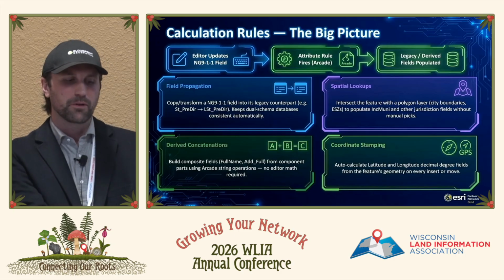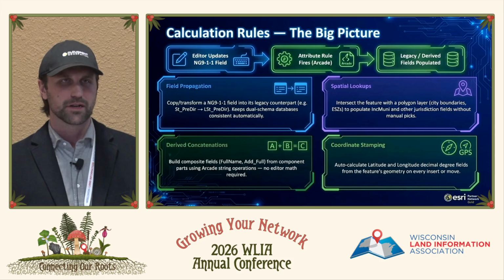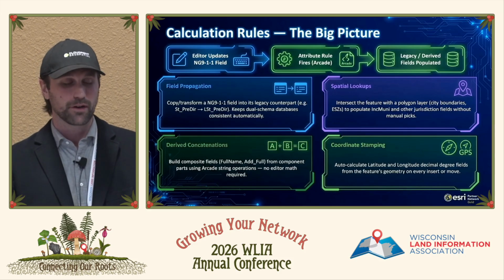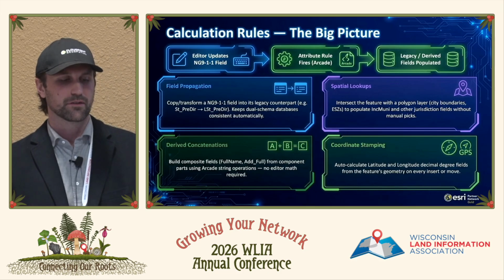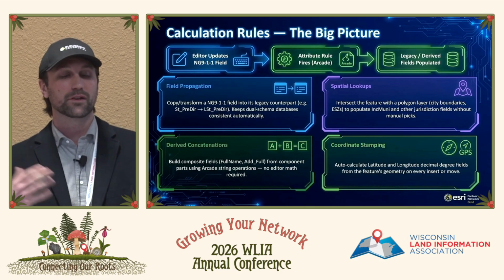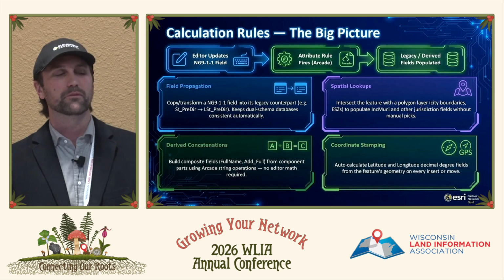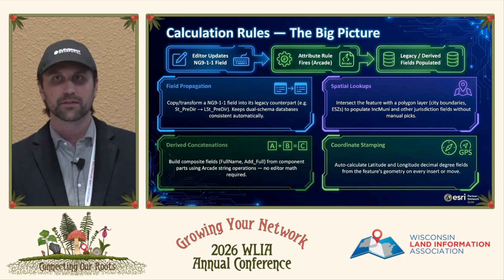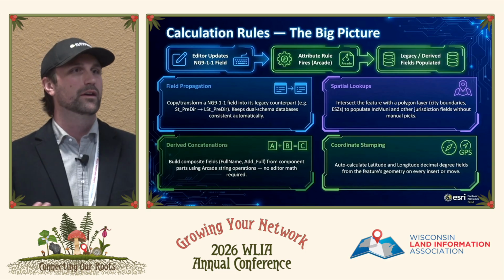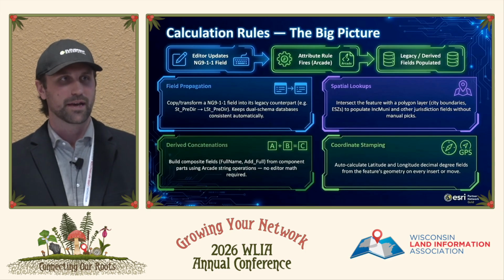So an example of field propagation here is we have our NG911 street pre-directional field, and that would automatically populate into your legacy street directional field. We also have spatial lookups. So if you are adding a new address point, it would find where that address point is within a certain polygon. If you have an authoritative incorporated municipality, it would automatically populate with that.